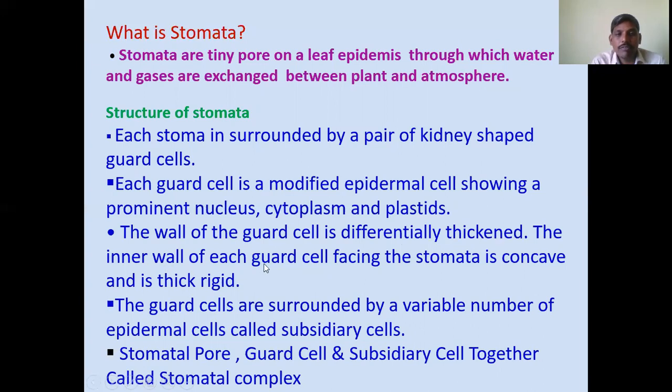The inner wall of each guard cell facing the stomatal pore is concave and thick and rigid. The guard cells are surrounded by a variable number of epidermal cells called subsidiary cells. The stomatal pore, guard cells, and the subsidiary cells together constitute the stomatal complex.